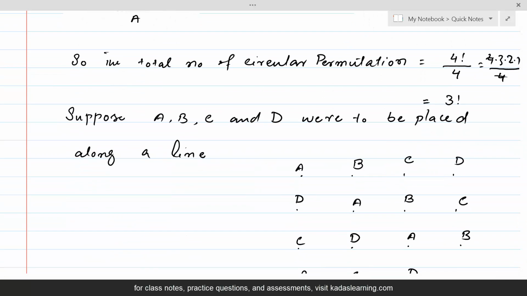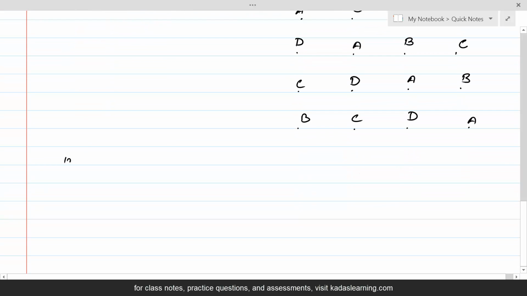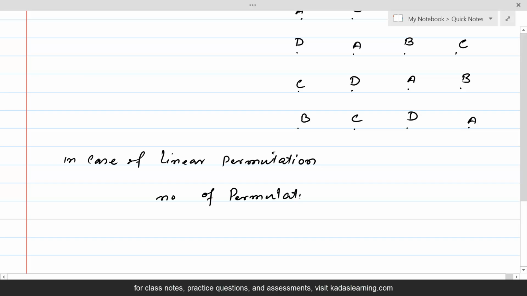But in case of linear permutations, when the objects or things are arranged on a straight line, the total number of permutations, as we have studied before, is equal to 4 factorial.